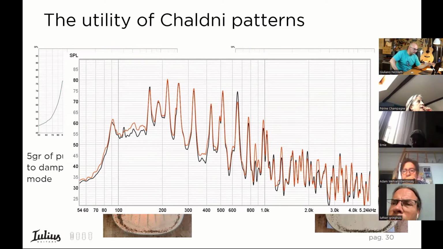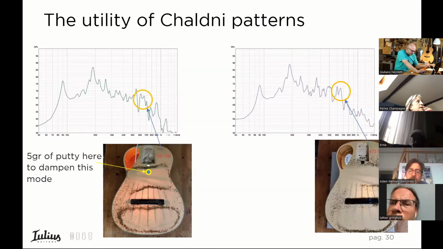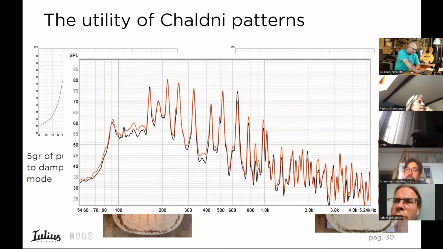You can see that the rest of the frequency response is almost identical, and this is a very selective intervention. This is thanks to the fact that I can see which resonance is producing too much SPL, and where I can make a dedicated intervention to change, alter, or move a little bit the sound of the instrument.